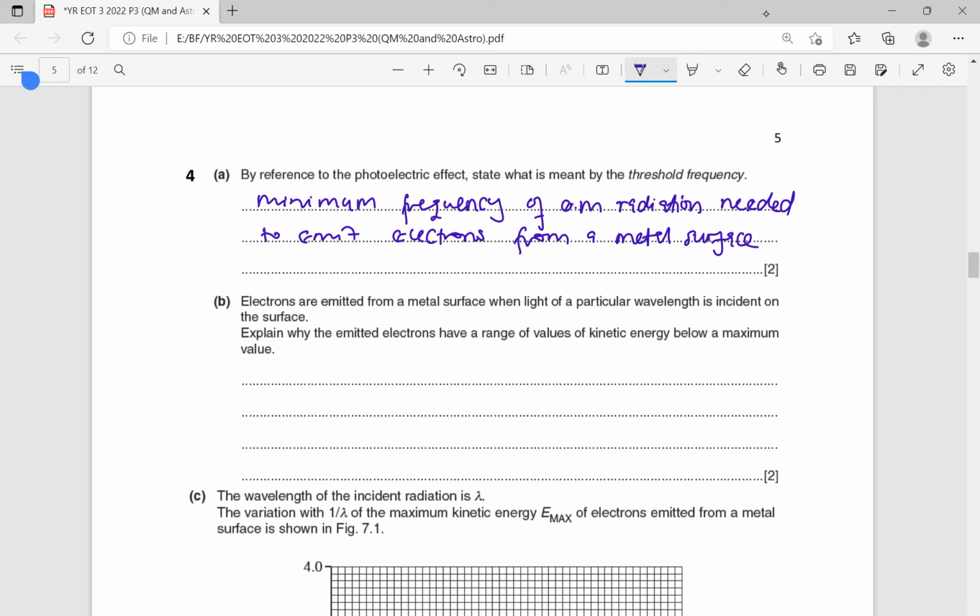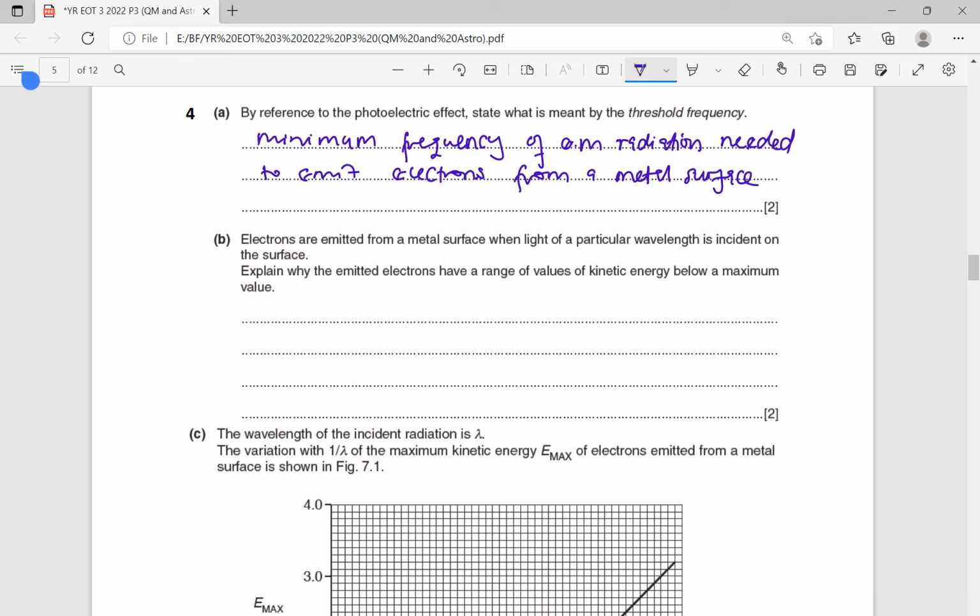Part B. Electrons are emitted from a metal surface when light of a particular wavelength is incident on the surface. Explain why the emitted electrons have a range of values of kinetic energy below a maximum value. So we know that the maximum kinetic energy corresponds to an electron emitted from the surface. In other words, it is electrons from the surface which have the maximum kinetic energy.